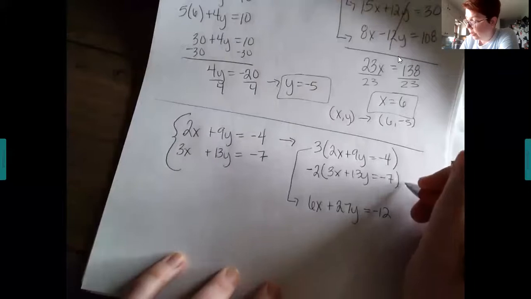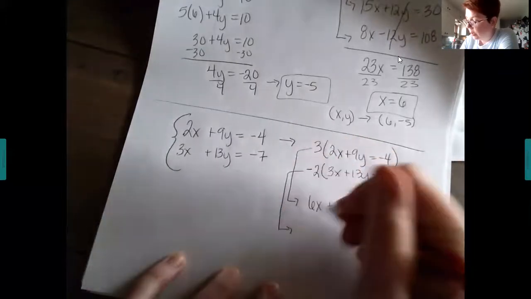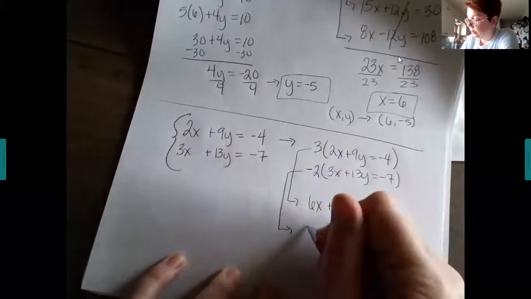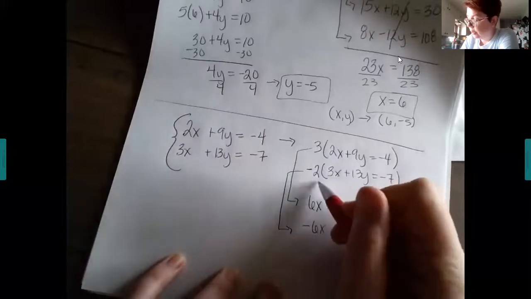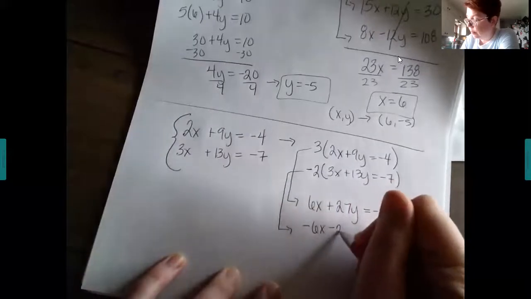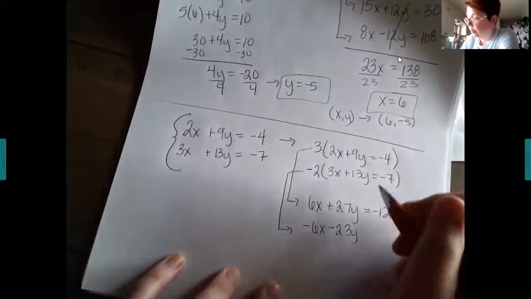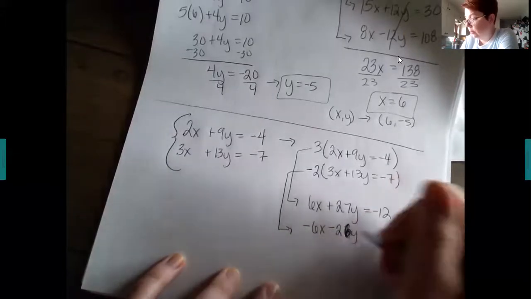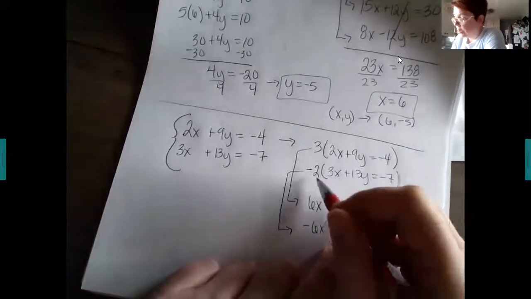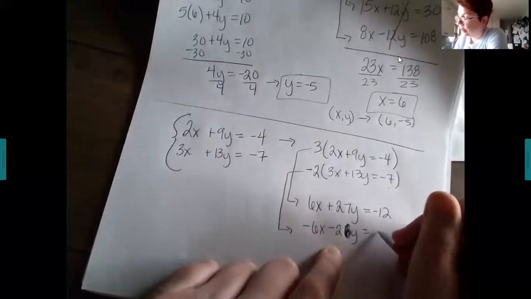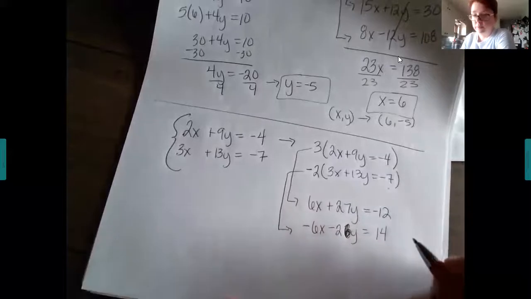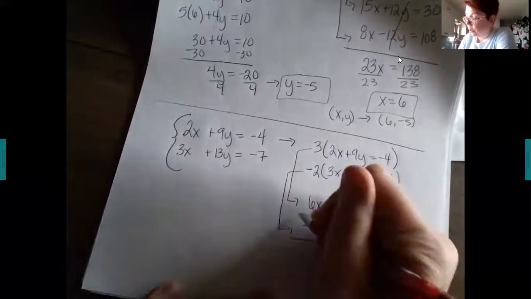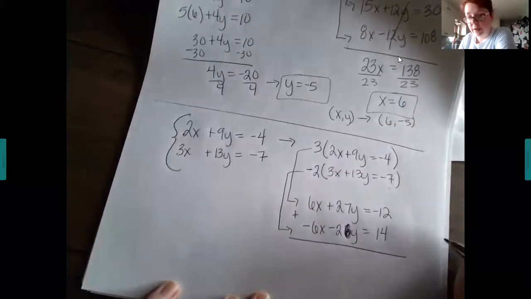And then down here, I multiply this -2 in. So this is going to be -6x minus 26y, sorry. And then negative times negative is a positive. Okay. So I'm going to add these 2 lines together now.